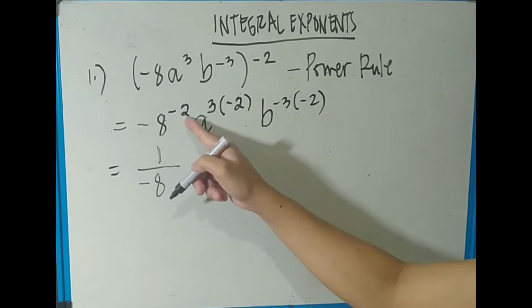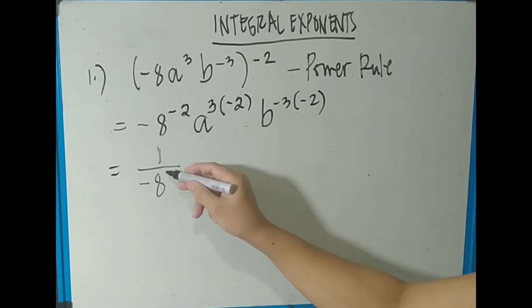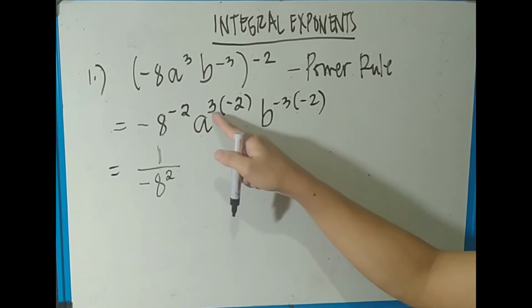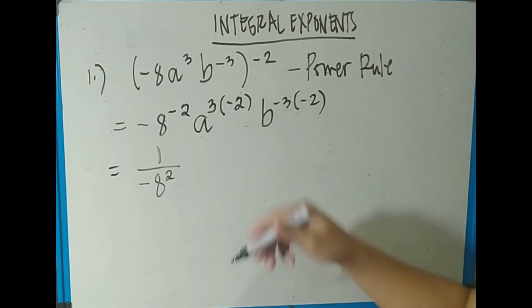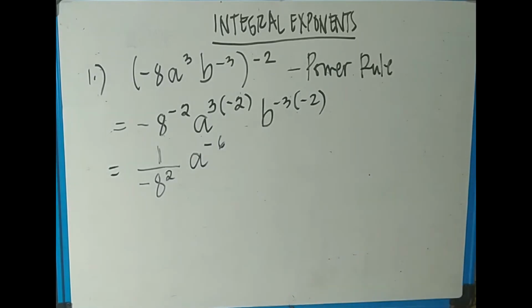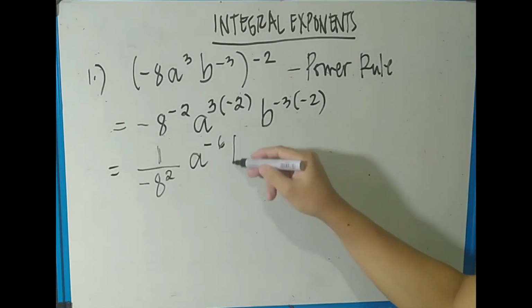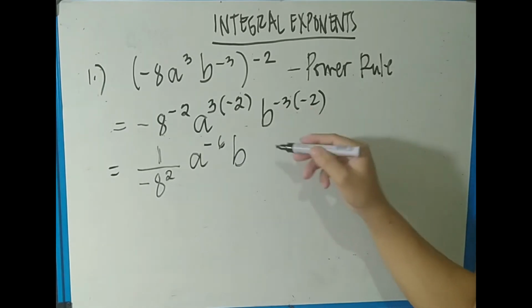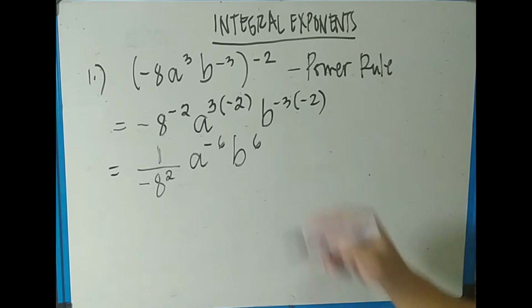And yung exponent niya from negative 2 magiging positive 2. Now, for A naman, multiply natin yung exponent. We have 3 times negative 2. We have A raised to negative 6. And then for B, we have B raised to negative 3 times negative 2 is positive 6.